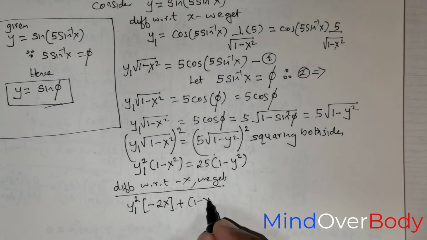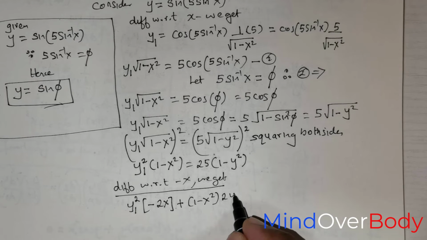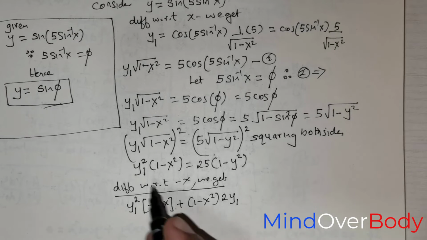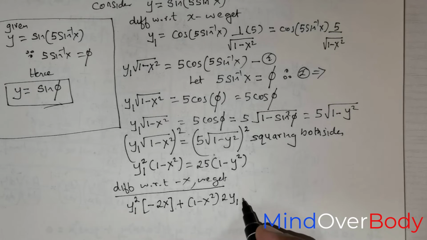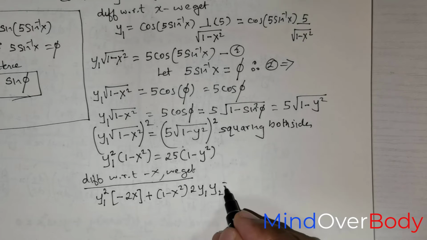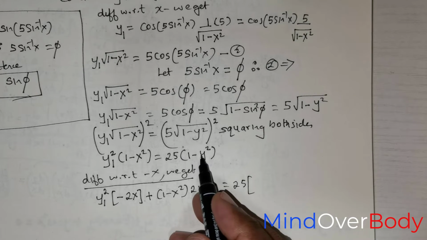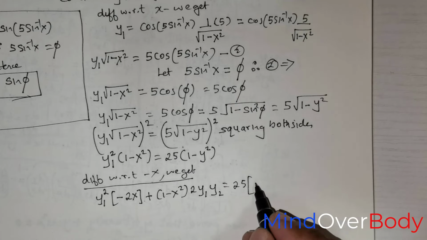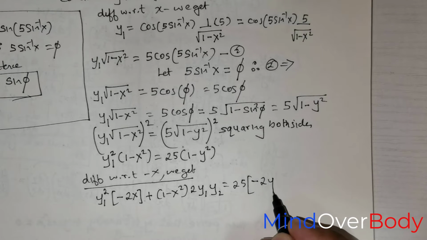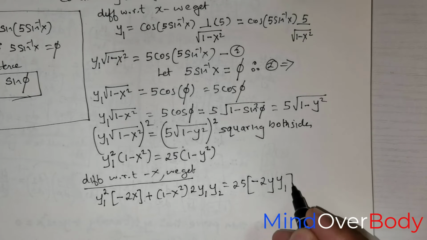So let me place the 1 minus x squared, and this is going to be 2 times y1 times differentiation of this y1, that's going to give me y2. Now this is equal to 25 times differentiation of 1 is 0, differentiation of negative y squared is going to be negative 2 times y times differentiation of y, that's going to be y1.